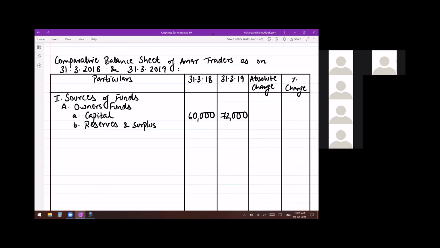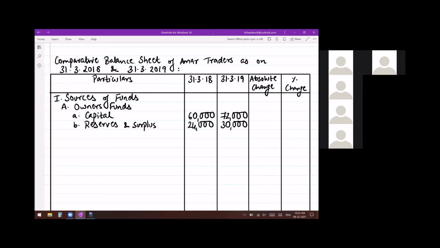Then the next is reserves and surplus. Copy for 2018, 24,000, and for 2019, 30,000. Those last 2 columns which are there, we will also calculate quickly as we go further.